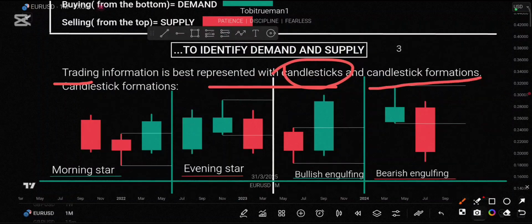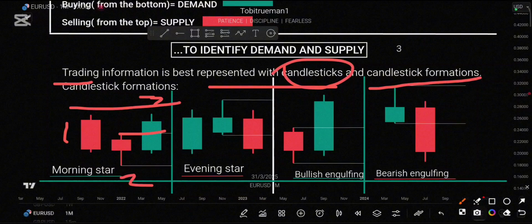Now, throughout this demand and supply series, we are going to be focusing on these major candlestick formations. The first one here is the morning star, where we have a full body candlestick 1, then a smaller candlestick 2, then candlestick 3, which breaks the top of candlestick 2. If you don't understand these things, please go to my previous videos, I've explained them.